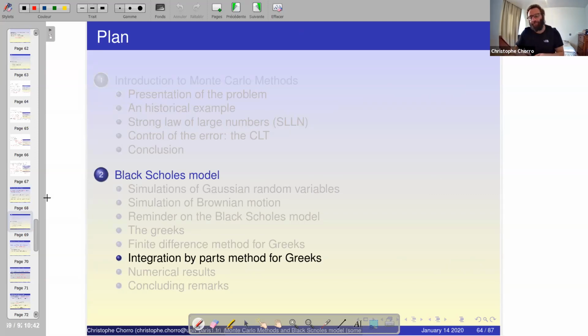In the framework of the Black-Scholes model, we are going to see a way to overcome this problem. And what is nice is that for the Black-Scholes model, I will be able to drop this problem in a very nice and easy way, without needing to use difficult mathematical tools.